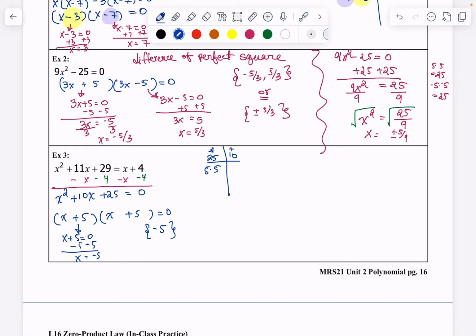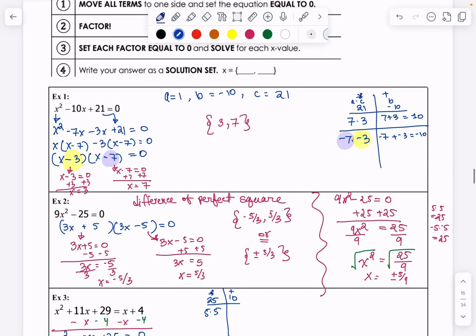And one thing to make sure for all of these problems is that when we end up graphing them, our parabola will definitely touch at this 3 and this 7. And for this one, it's going to be an upward opening graph. Just for the length of the video, I'm not putting in the calculator, but you will always touch these points.